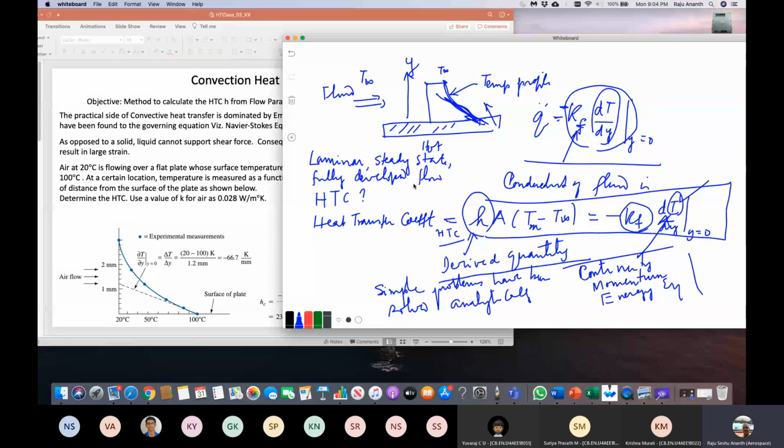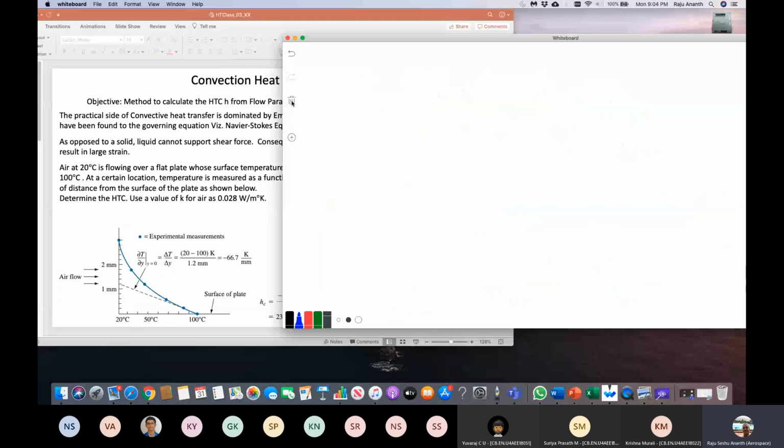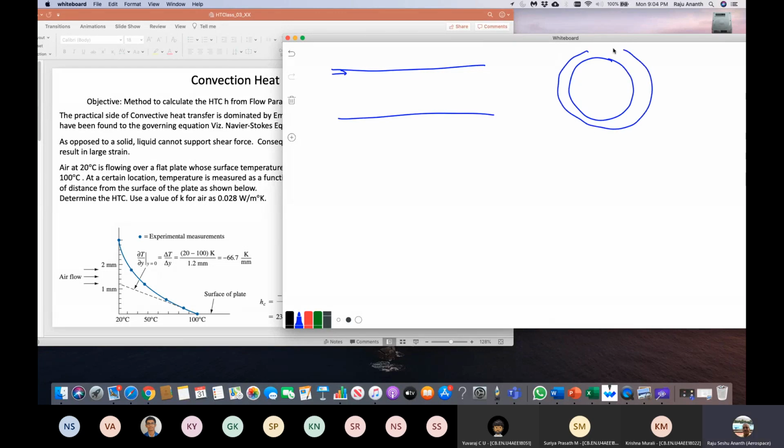Okay, so what exactly is laminar? Let's say I'm taking a pipe. So this is a pipe, a round pipe, with flow coming in. So there is the entrance effect.